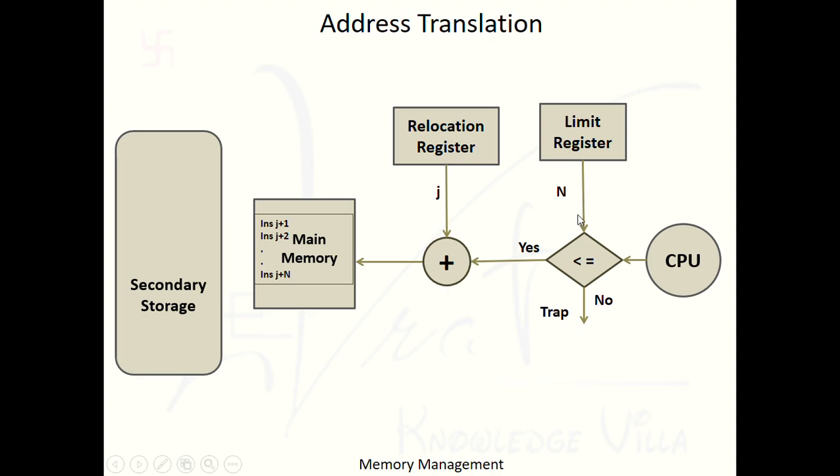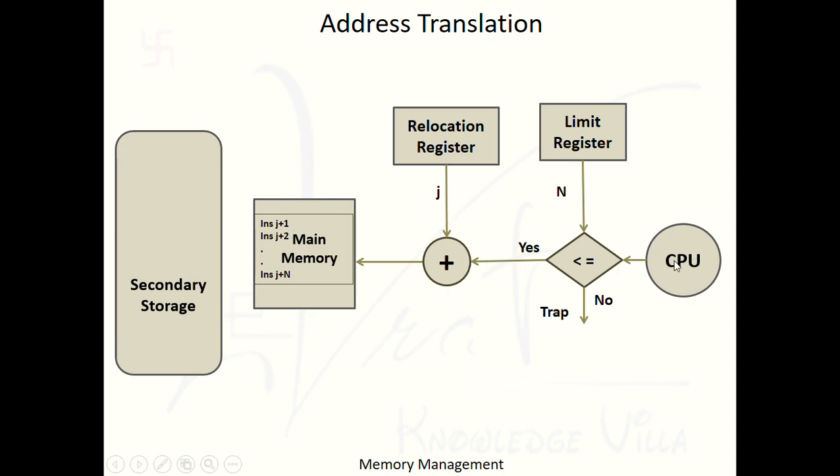Whenever the request is less than or equal to n, it means CPU is requesting 1 to n instructions, so the request goes ahead. After reaching here, we make a sum of request plus j, because our starting address is j.